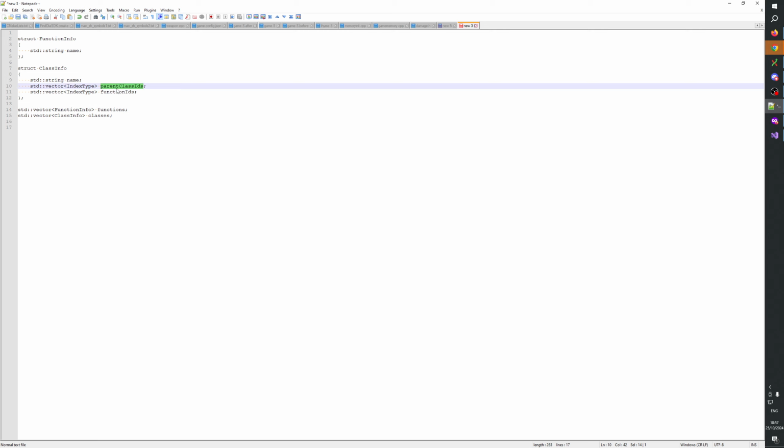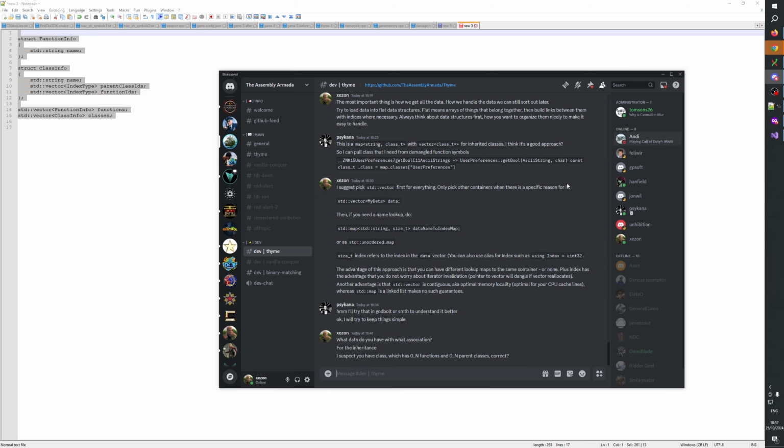And they also have parent class IDs with index, which refers to the classes vector. So we have a flat vector of classes and a flat vector of function info. I think this would work.